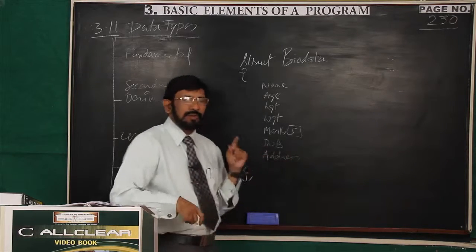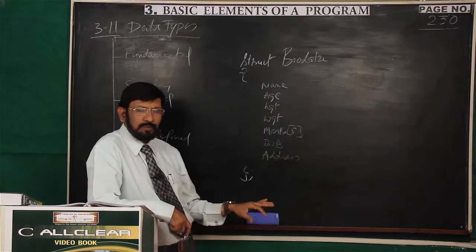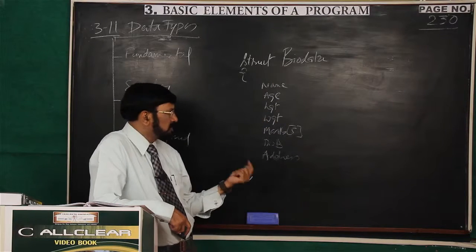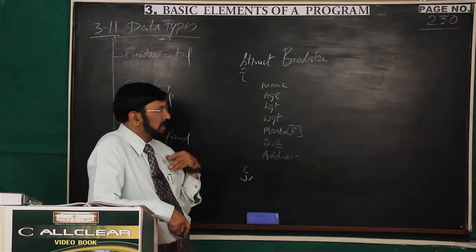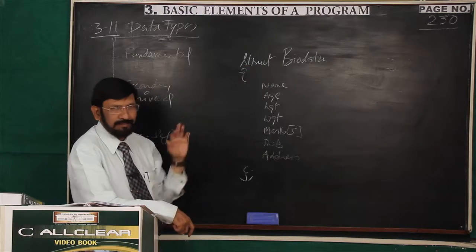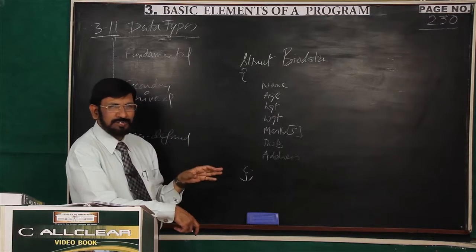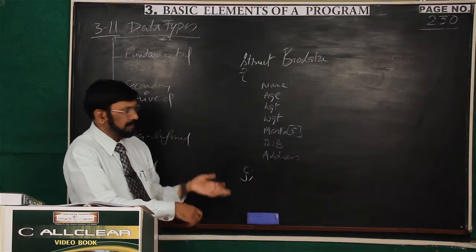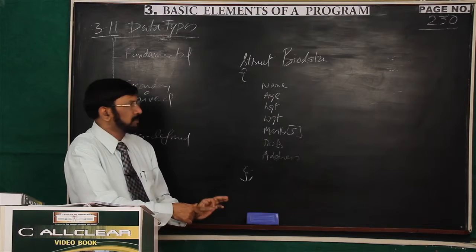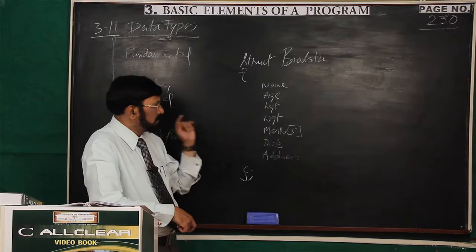In order to represent your biodata, many items you have to produce. Person to person it differs. So whatever items he wants, all the items he puts in this bag. You treat it like a bag, a big container. In this there is no limitation: same type, different type, any type you can put.